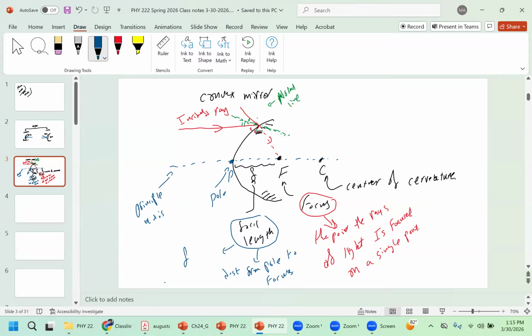Where F is going to equal R over 2, and R is the radius of curvature of your mirror. Okay. Everybody with me so far? Awesome, awesome.